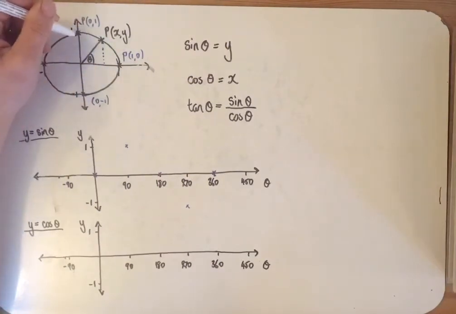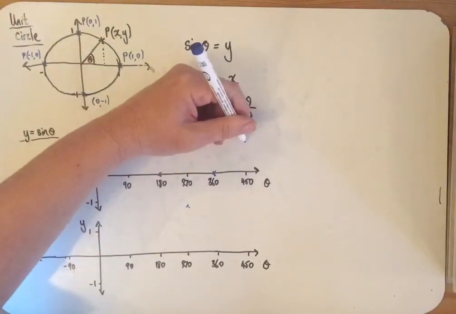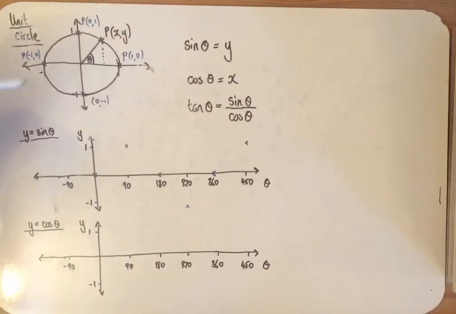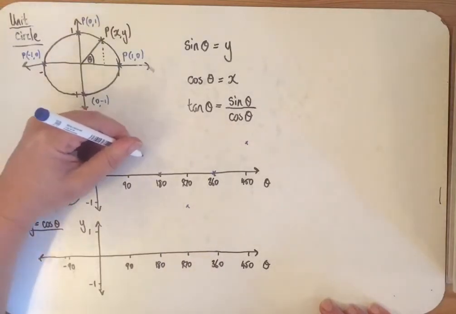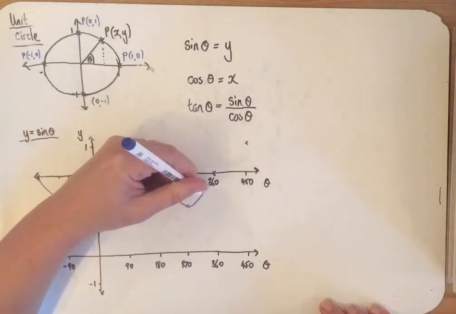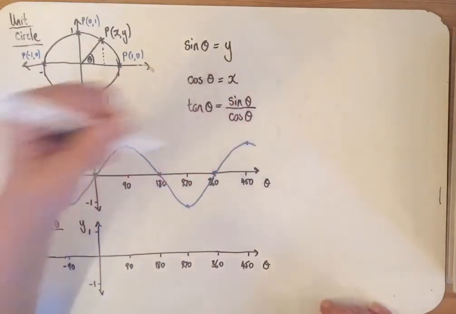Round another 90, the y coordinate is 1. And similarly, if you go in a negative direction, so minus 90 degrees, the y coordinate is minus 1, and then to 0, and then to 1. And so joining all these up with a smooth curve gives us the sine curve.